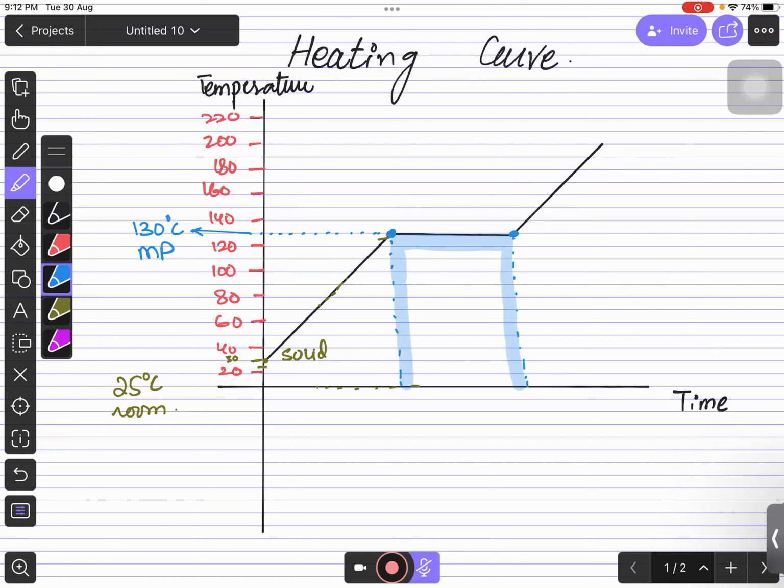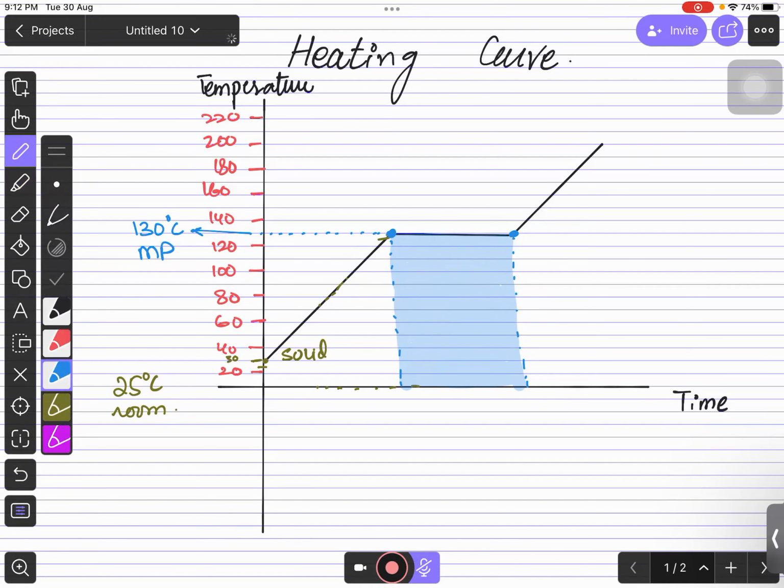You can see the constant temperature showing. Why is the temperature constant at this time? Yes, any one of you? Why is the temperature not increasing during this time? Still we are heating, but the temperature is not increasing. Why? Because the state is changing, and during a state change, the temperature does not increase.